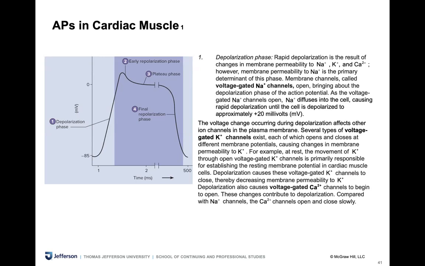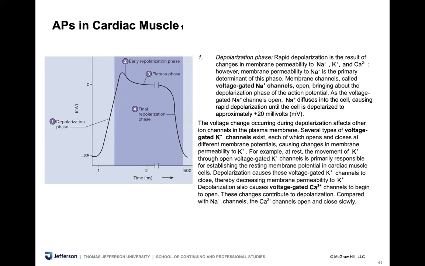Several types of voltage-gated potassium channels exist, each of which opens and closes at different membrane potentials, causing changes in membrane permeability to potassium. So for example, at rest, the movement of potassium through the open voltage-gated potassium channels is primarily responsible for establishing the resting membrane potential in cardiac muscle cells.